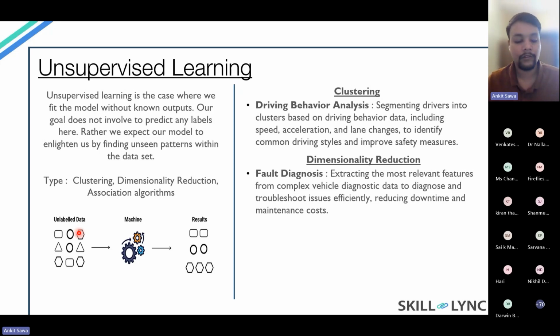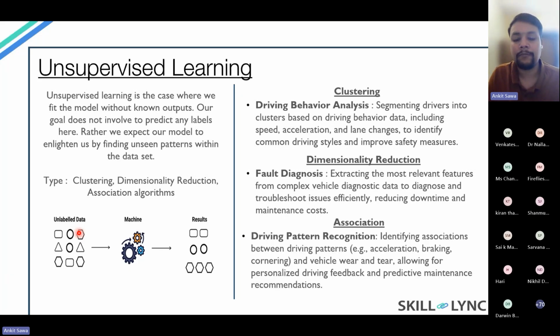So what you do is you try to understand which features are important, extracting the most relevant features from this diagnostic data. And this will help in further downtime reduction and maintenance cost. So you basically feed all this data to the machine and let it tell you which are the important features. So this is again an example of unsupervised learning.